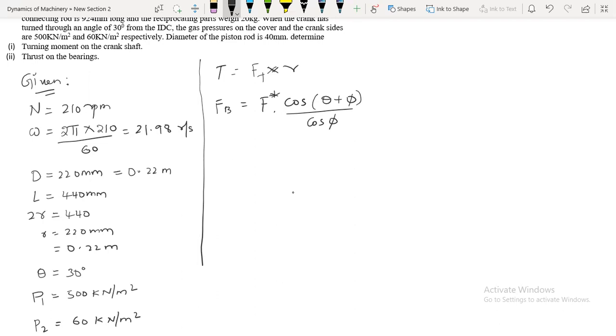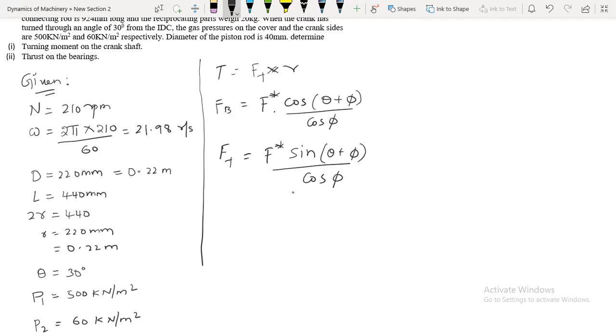Okay, so we know that Ft is given by F into sine of theta plus phi divided by cos phi.